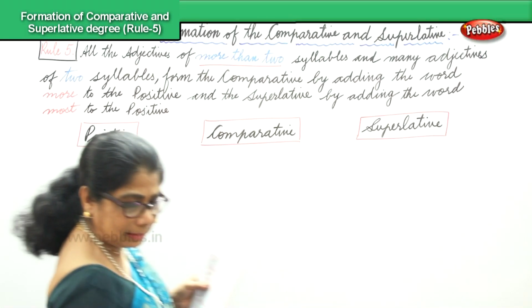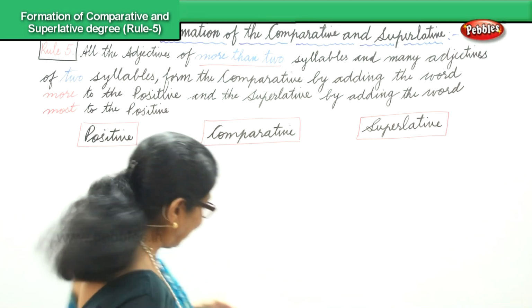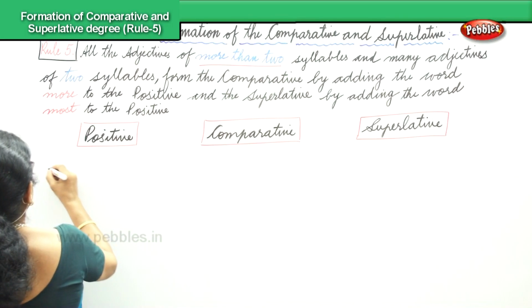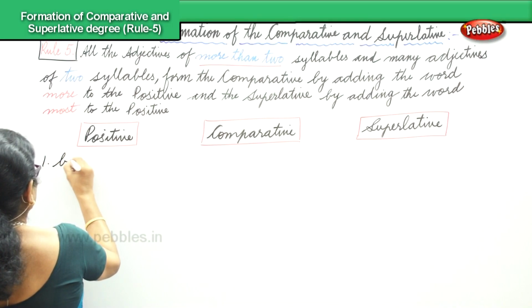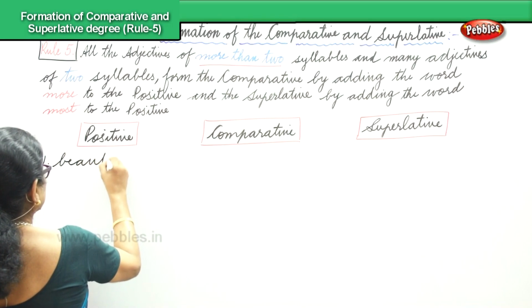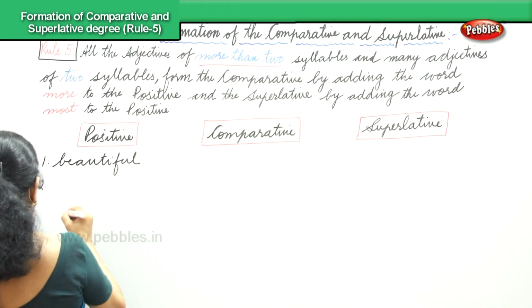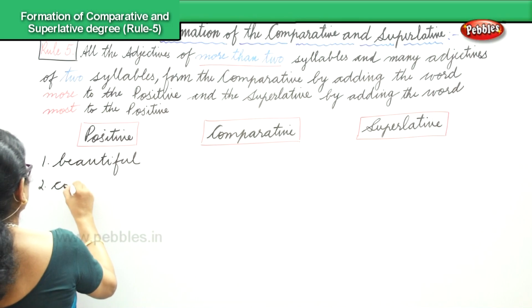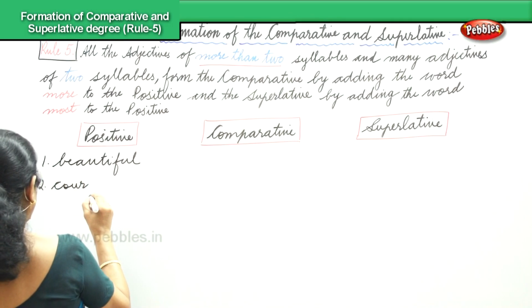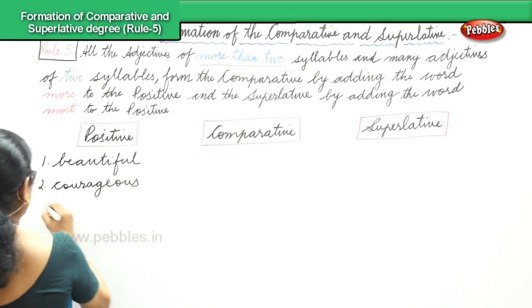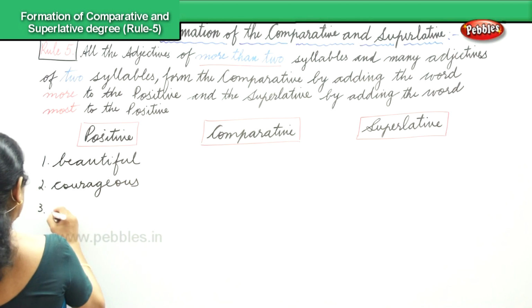Now let's look at the words that we have here. First is beautiful. Another word is courageous. And the next word is intelligent.